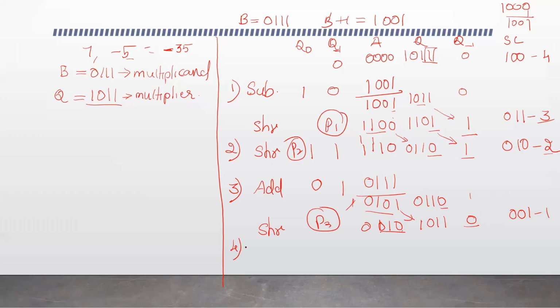Now the fourth step is again to check Q naught and Q minus 1. Q naught is 1, Q minus 1 is 0. So this is 1 and 0. Upon encountering 1, we subtract. For subtracting, you write the 2's complement, that is 1001.